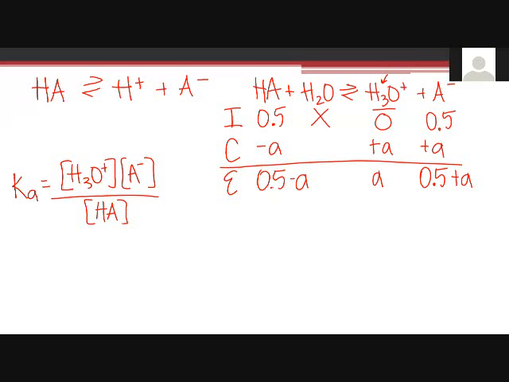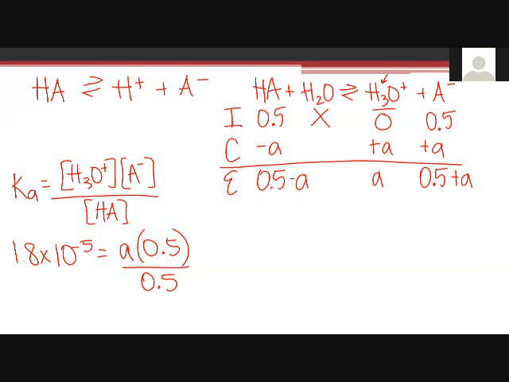So when we plug in, the Ka value was given 1.8 times 10 to the negative 5, is equal to, and we're going to just say A for that, times 0.5 for the conjugate base over 0.5 for the acid.